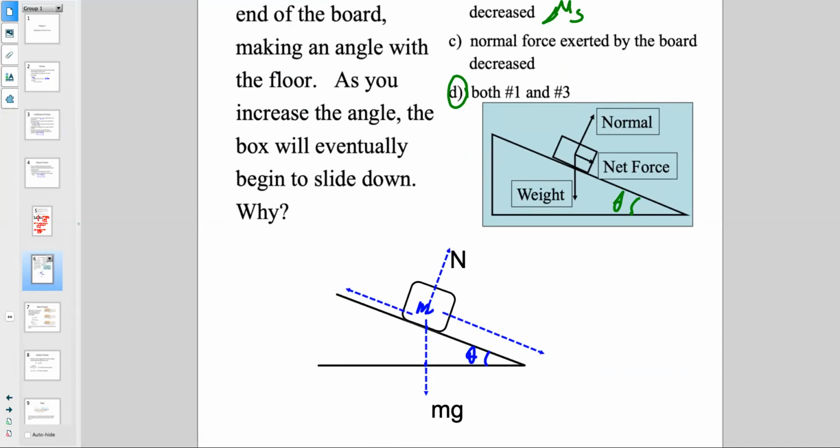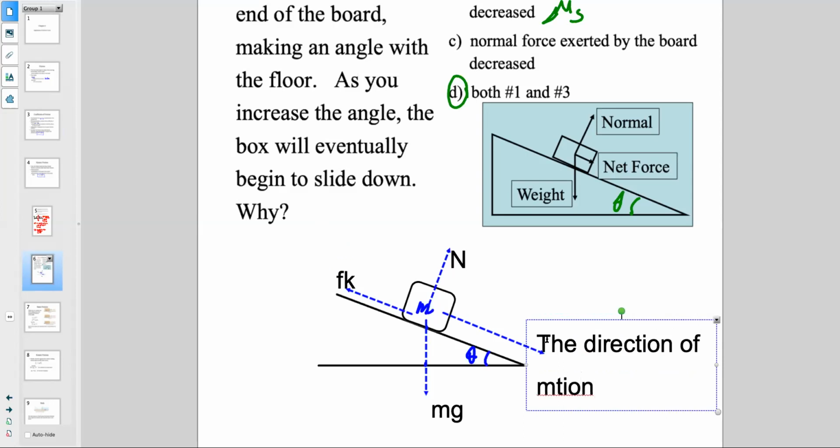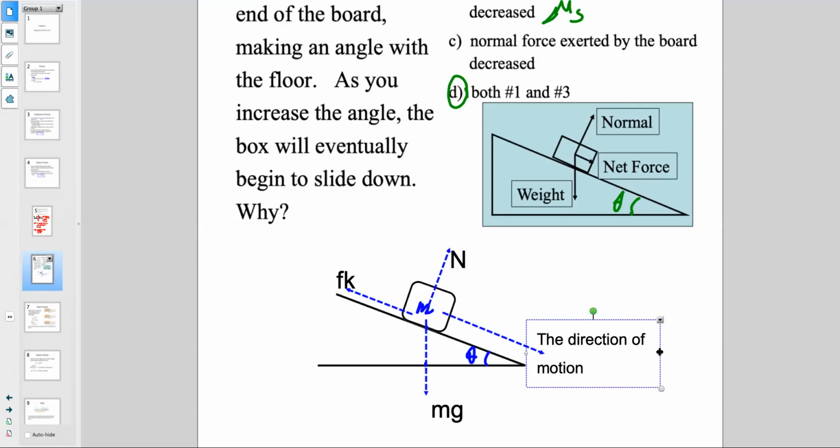So this would be my F of K, or friction, and this would be the direction of motion. Right there, okay? So now what I have here is just a setup.